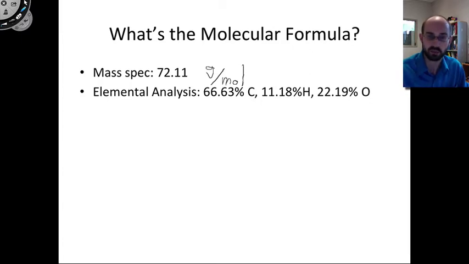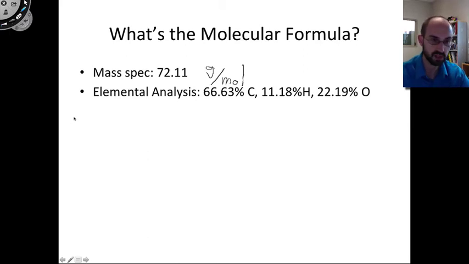In this case, suppose we did an elemental analysis on unknown 100, and we got out this data: about two-thirds carbon by mass, 11% hydrogen, 22% oxygen. What do we do from there? Well, between the molecular weight and the elemental analyzer data, we can actually figure out the molecular formula. And all it is is some good old dimensional analysis.